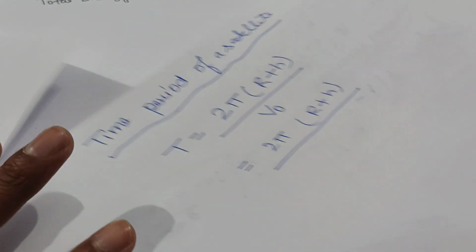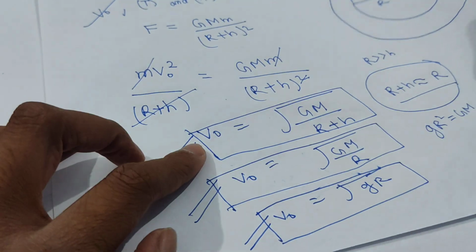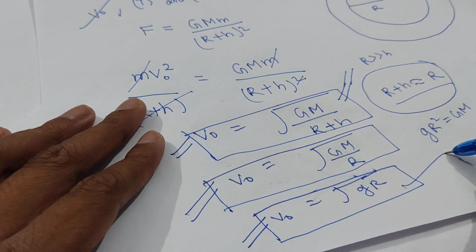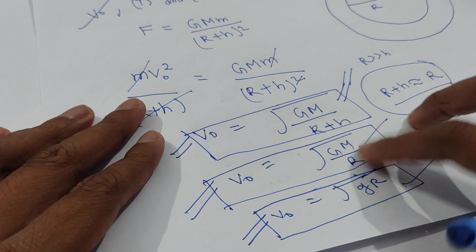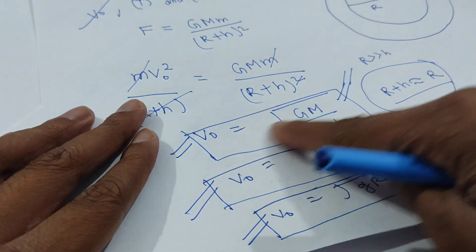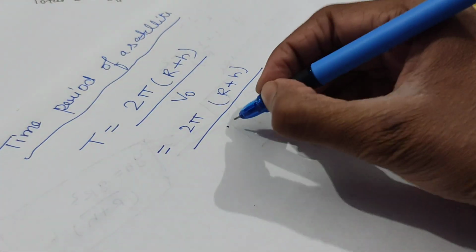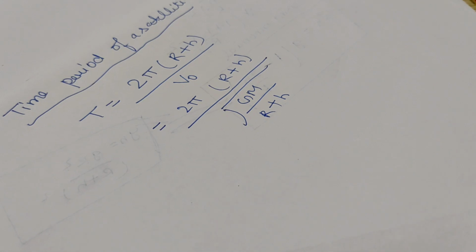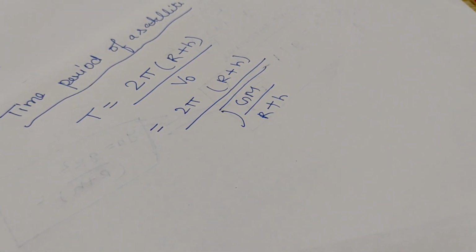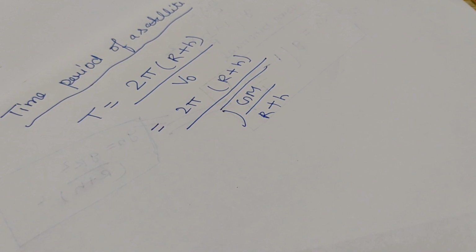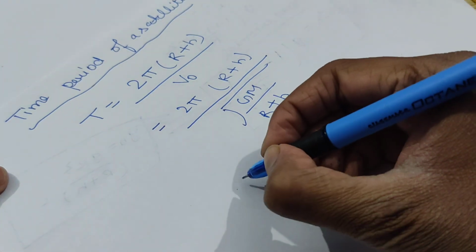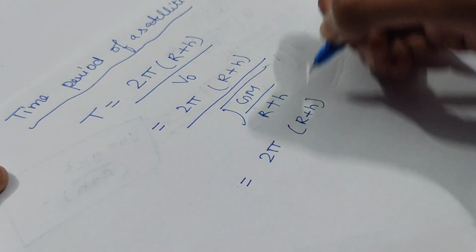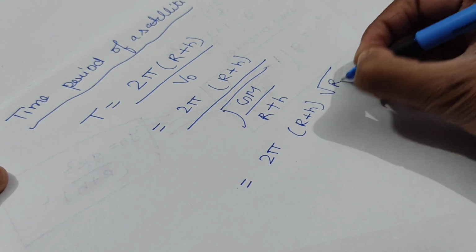Now what is the orbital velocity? We know this. Most of the time for numericals you have to take this one, and sometimes the other, but while solving this particular problem the fundamental one is this, so we take v equal to under root G M by r plus h. Taking r plus h and bringing the under root to the upside, it becomes under root G M in the denominator.